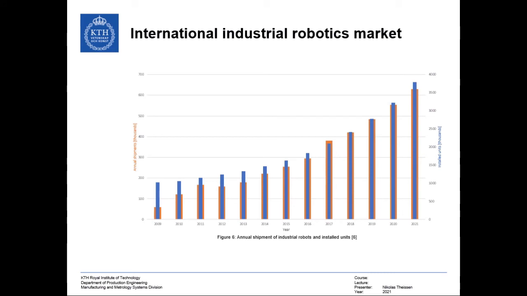International Industrial Robotics Market. Figure 6 shows the annual shipment of industrial robots in thousands on the left-hand y-axis and the cumulative installed units on the right-hand y-axis. From 2020 to 2022, almost 2 million new units of industrial robots are expected to be installed in factories around the world.